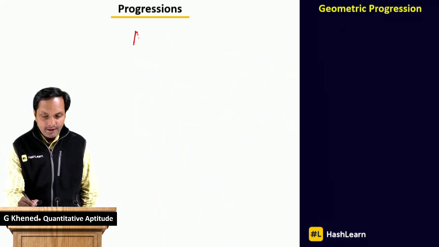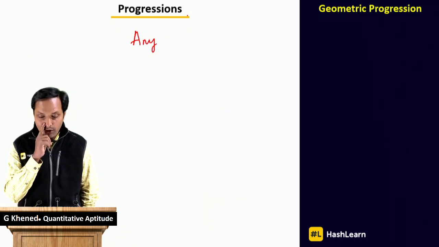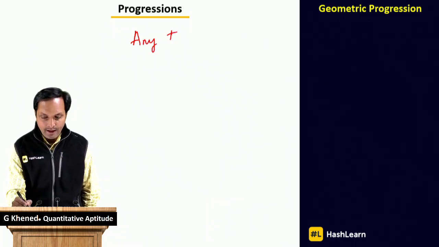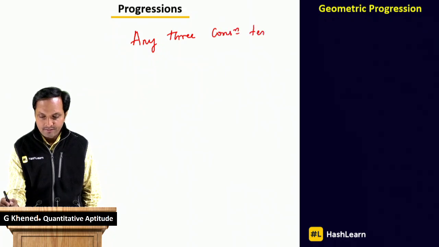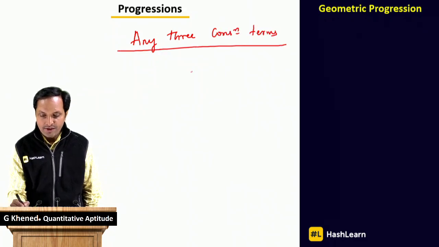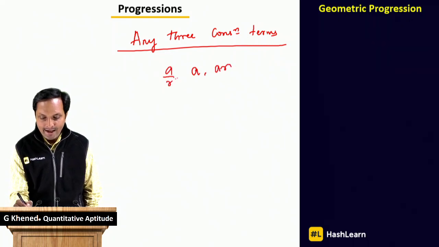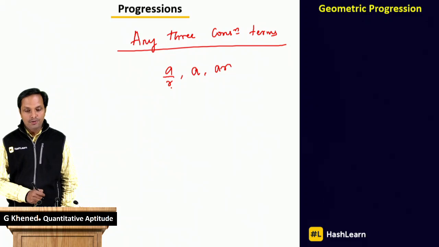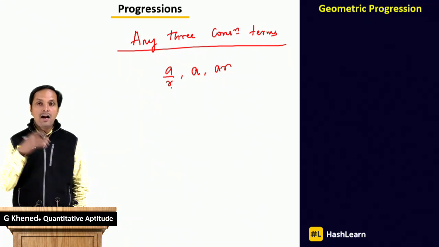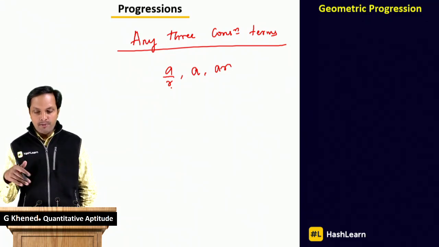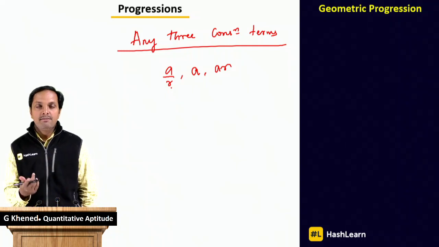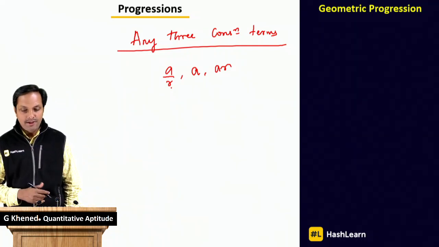Then any three consecutive terms of a geometric progression, we take as ar and the preceding one a divided by r. r is the common ratio. When you multiply with r, you will get the next term. When you divide with r, you will get the preceding term.